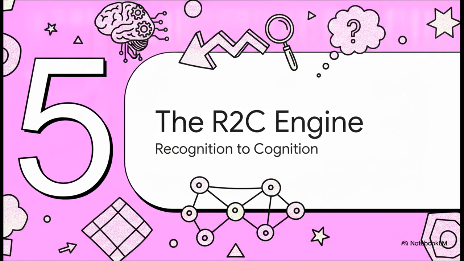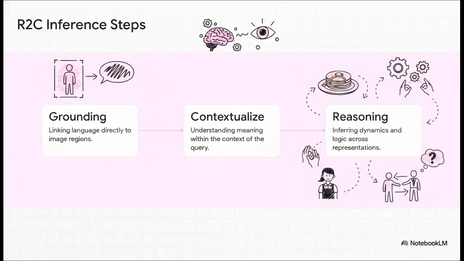To establish a baseline for this brutal new test, the researchers decided to build a brand new model called the Recognition to Cognition Network. The R2C engine mimics human thought in 3 distinct phases: grounding the objects, contextualizing the scene, and actively reasoning over the combined data. First up, the model grounds the text, so it matches the literal words person 1 to the actual bounding box of person 1 in the picture.